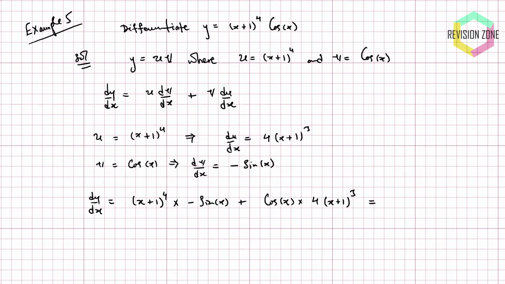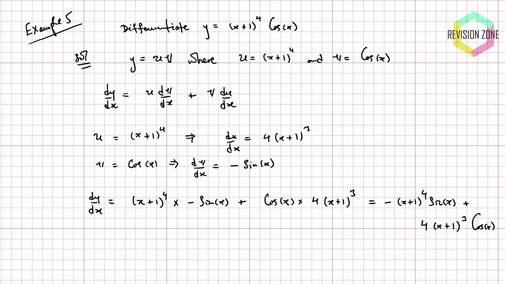Now we can tidy this up. Okay, so I'm going to end up with minus (x plus 1) to the power 4 multiplied by sine x plus 4 times my (x plus 1) cubed multiplied by cos x.